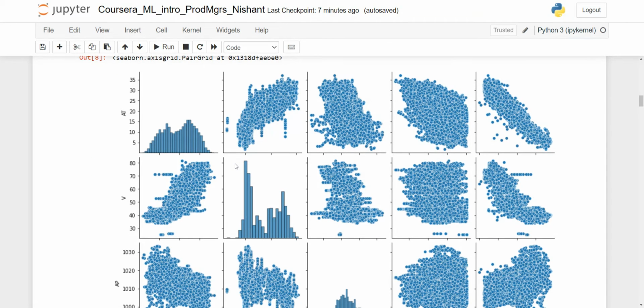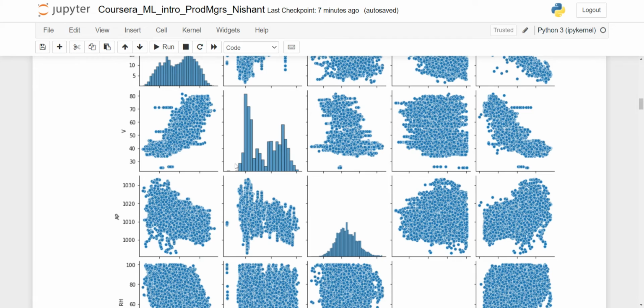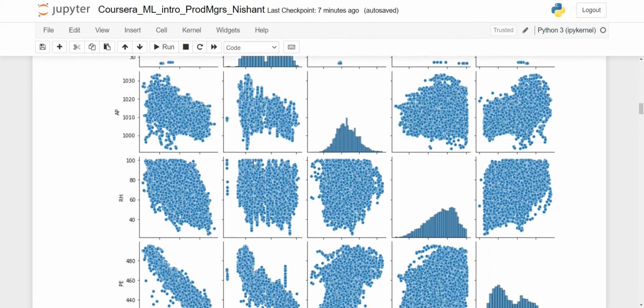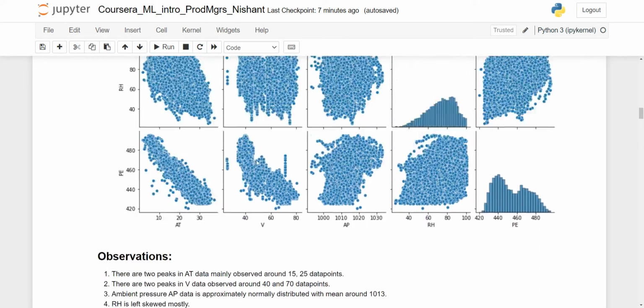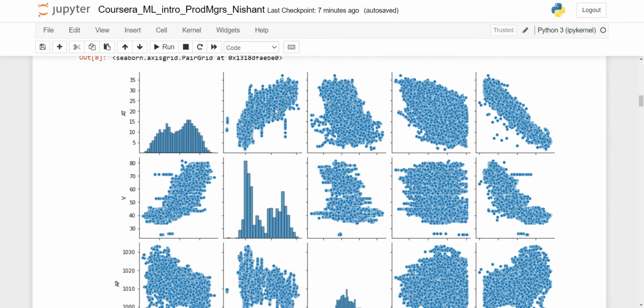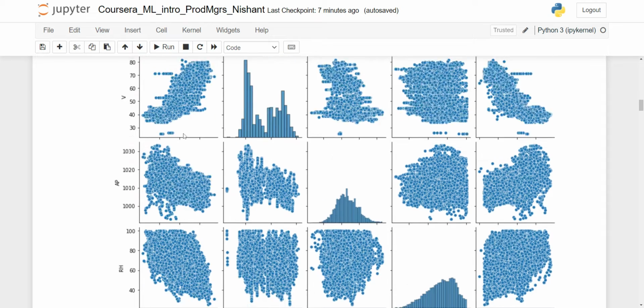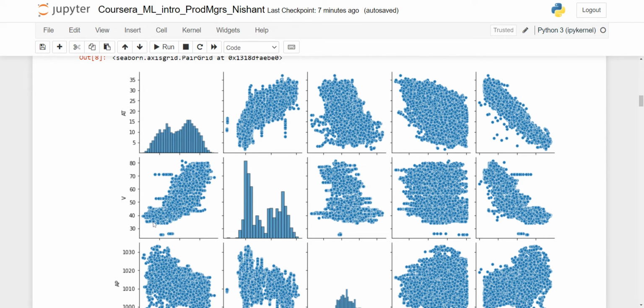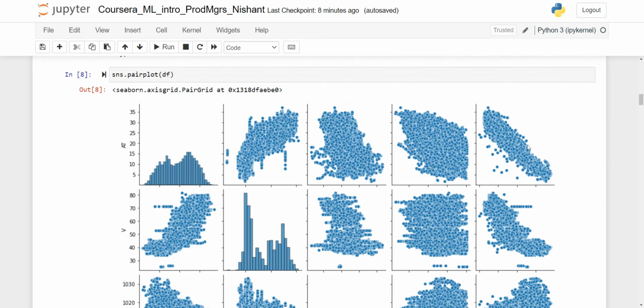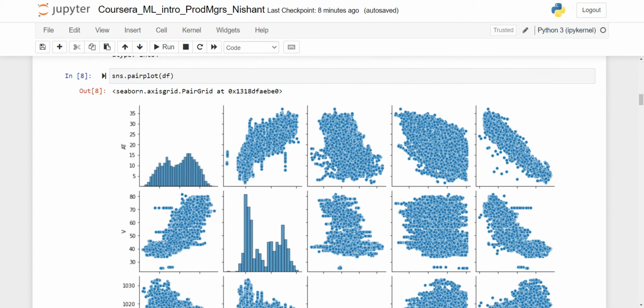I also checked the scatter plots using pair plot for the various columns that we have, and we can observe that the V vacuum variable and the AT temperature variable are almost positively correlated, and the AT variable and the final PE variable, which is the Y variable, are inversely correlated.